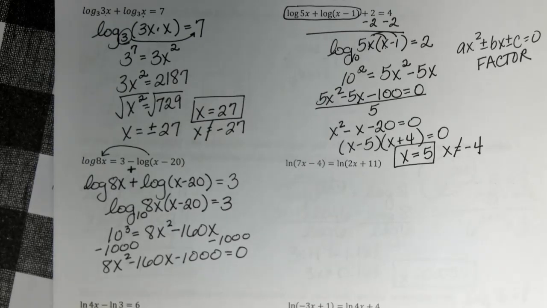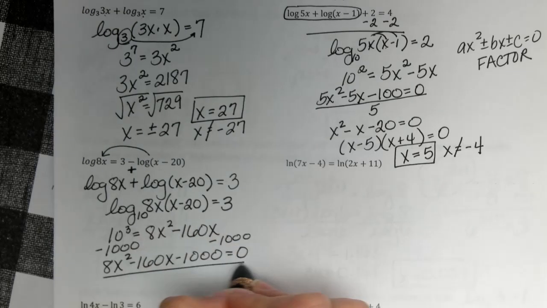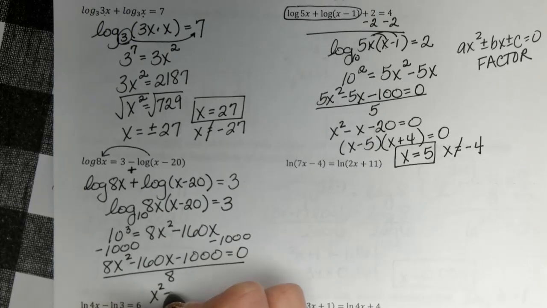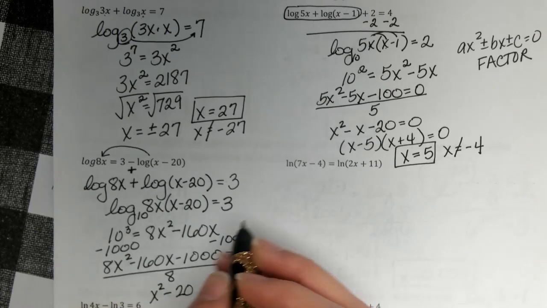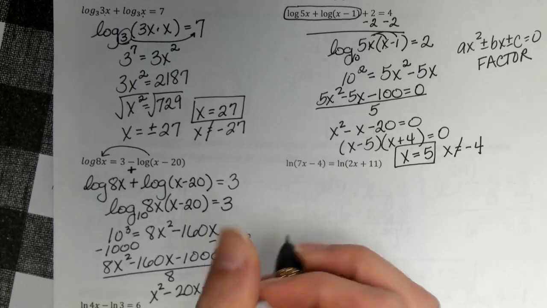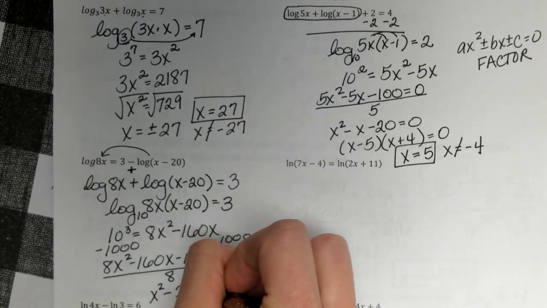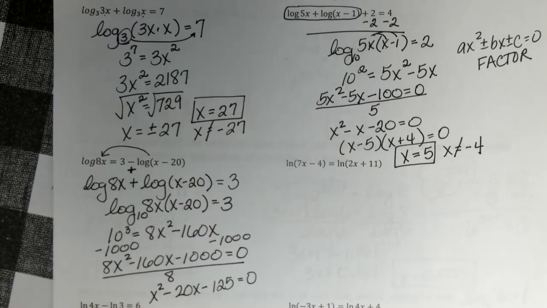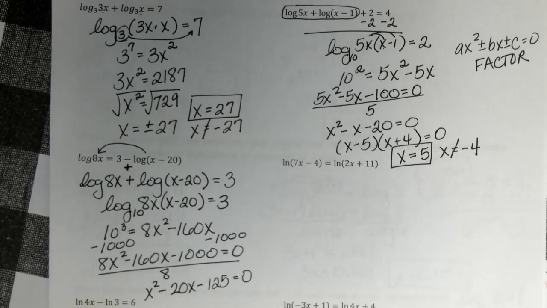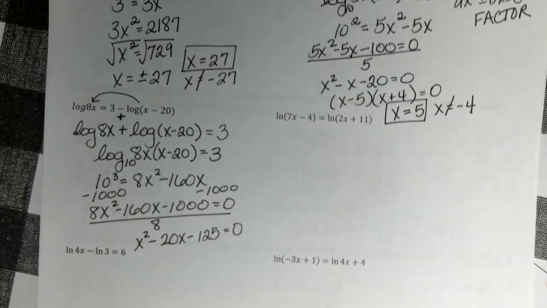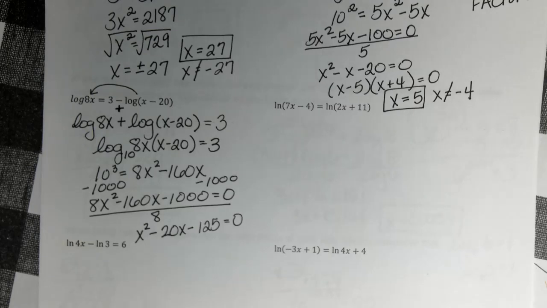If 1,000 is divisible by 8, it gives 125. Sorry. If 1,000 is divisible by 8, then I can divide everything by 8. So then that gives me x squared minus 20x minus 125. Okay, so factors of 125 to give me a 20 would be 25 and 5.